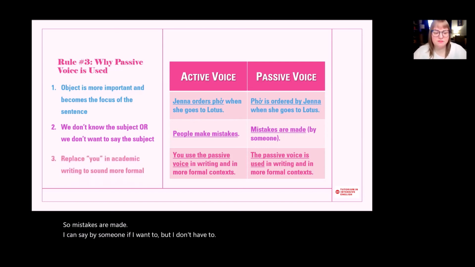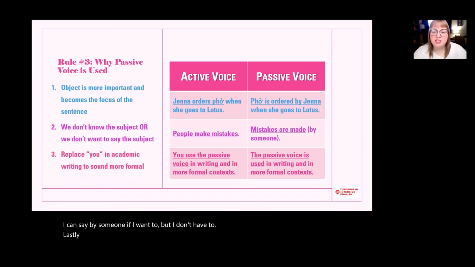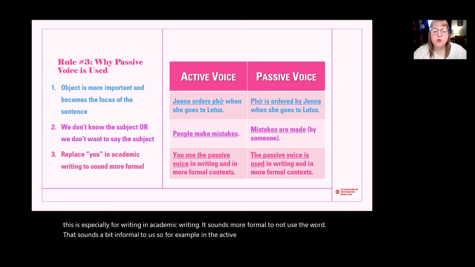Lastly, this is especially for writing. In academic writing, it sounds more formal to not use the word you. That sounds a bit informal to us. So for example, in the active voice sentence, you use the passive voice.